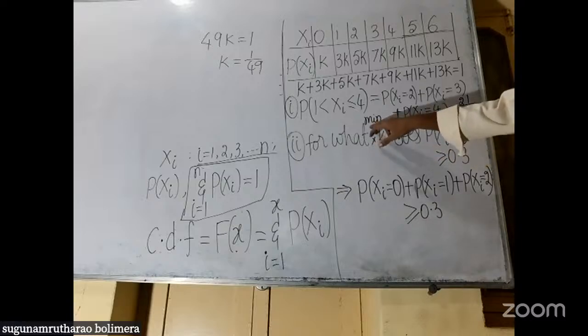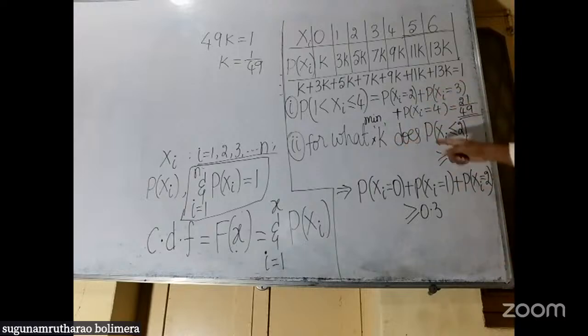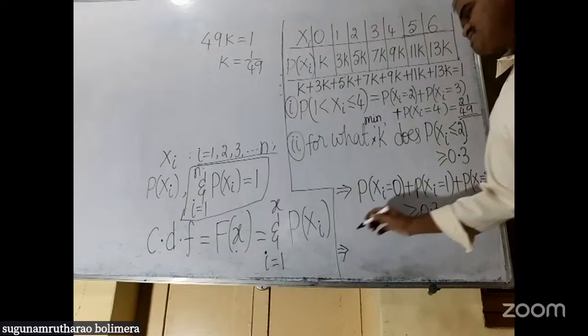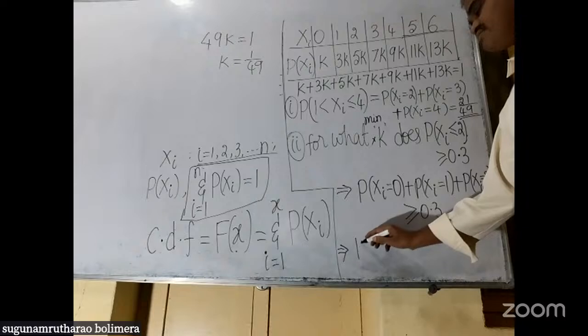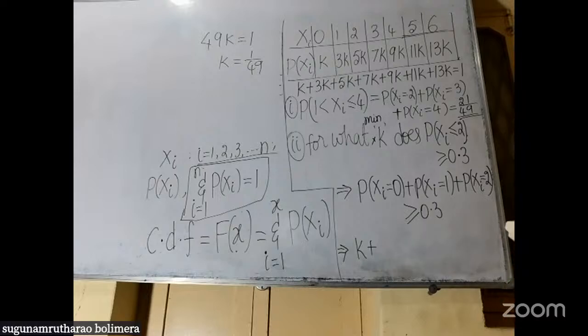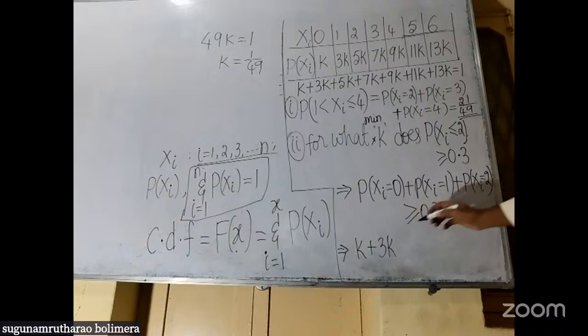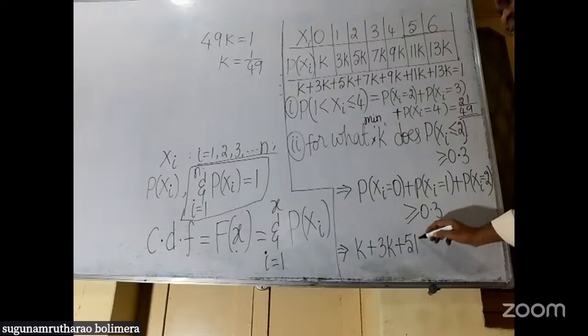Please note that addition in the question. Xi equals 0 means k, xi equals 1 means 3k, 2 means 5k.